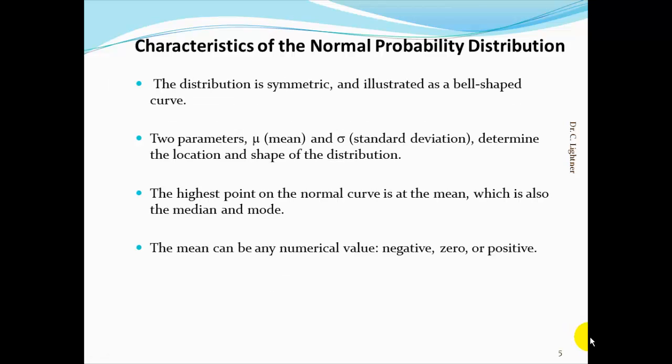This distribution is symmetric and illustrated as a bell-shaped curve. There are two main parameters that define this distribution: the population mean and the population standard deviation. These measures determine the location and shape of the distribution.